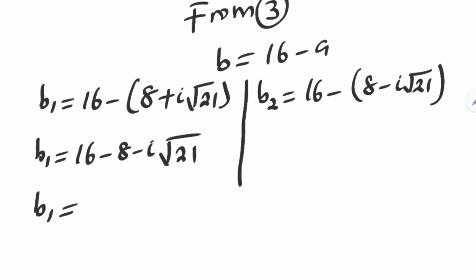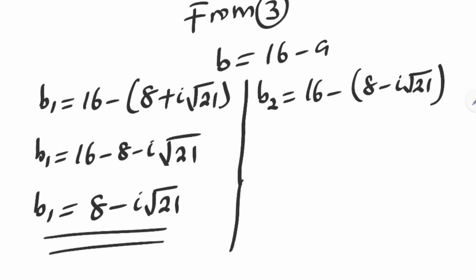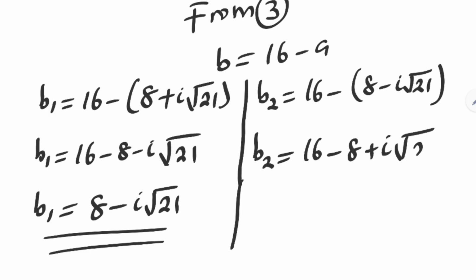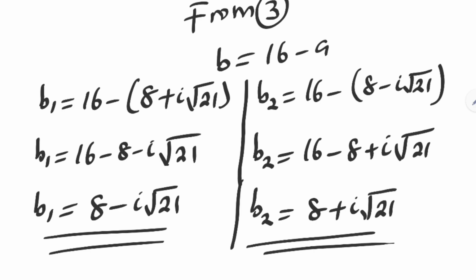B1 is equal to 16 minus 8, that is 8 minus I root 21. This is the value of B1. Then B2 is equal to 16 minus 8 plus I root 21. B2 is equal to 8 plus I root 21. This is the value of B2.